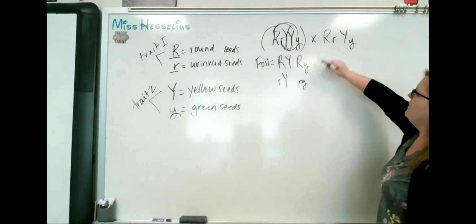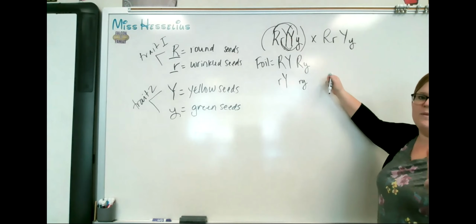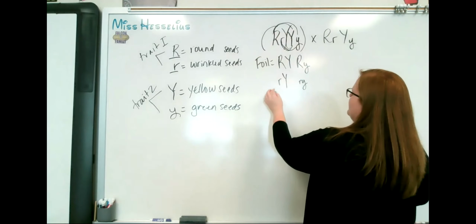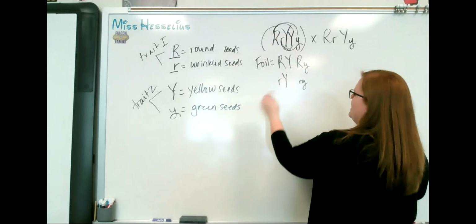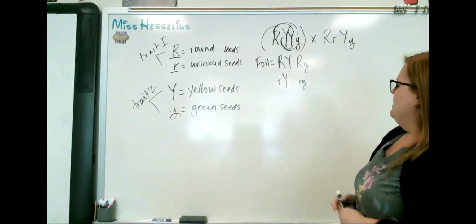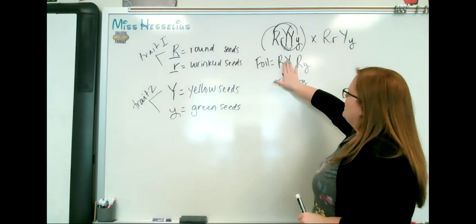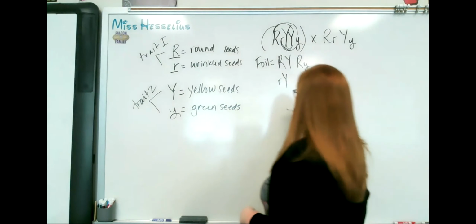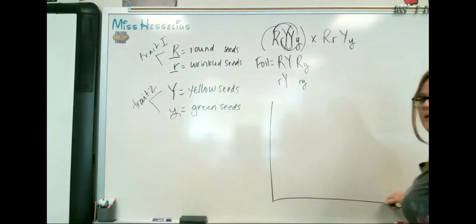Both parents are the same, so it would be the exact same 4 possibilities. Basically, if this is the mom plant, she could give her kid this in one of her egg cells, or this, for example. So once you FOIL the genotypes to get all the possible combinations of those alleles, you're going to make your 16 box Punnett square.